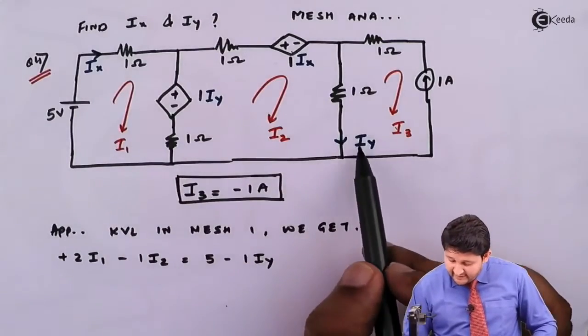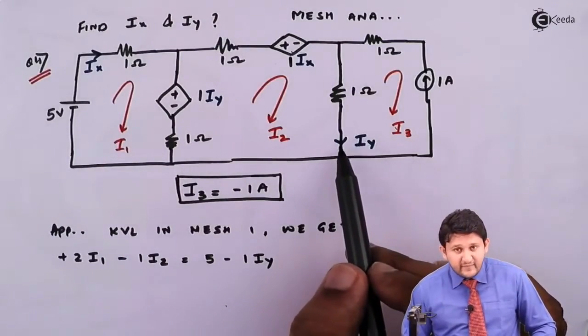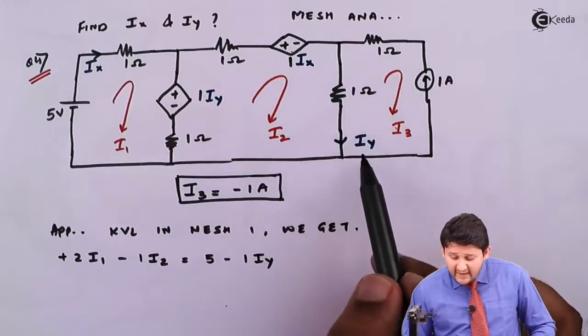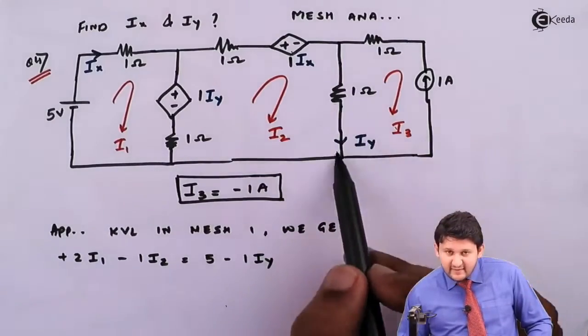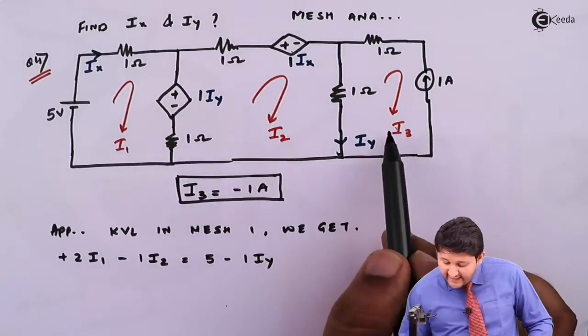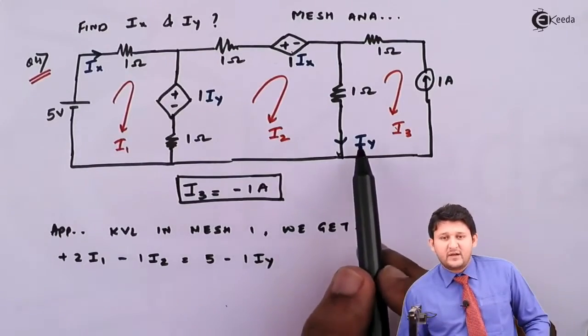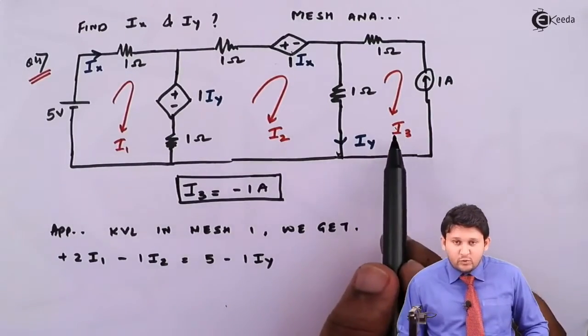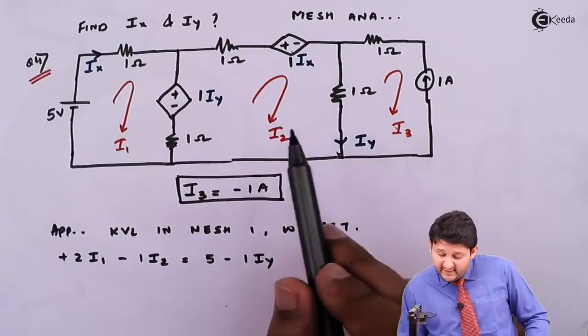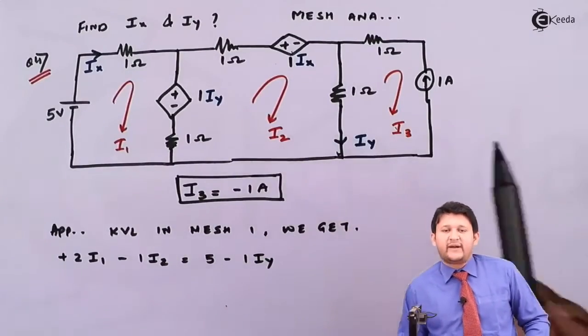If I observe my IY, it is over here. IY is placed in such a manner that in this branch, even I2 flows, even I3 flows. So I cannot say IY is equal to I2 or equal to I3. It is a combination of I2 and I3.